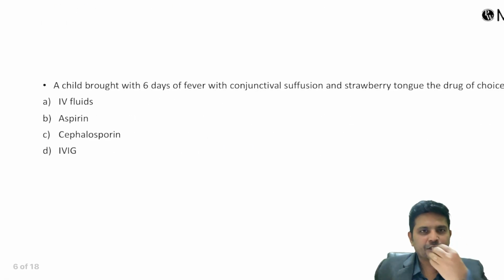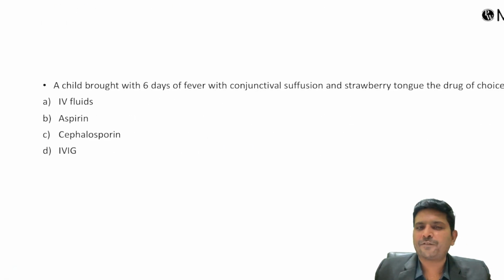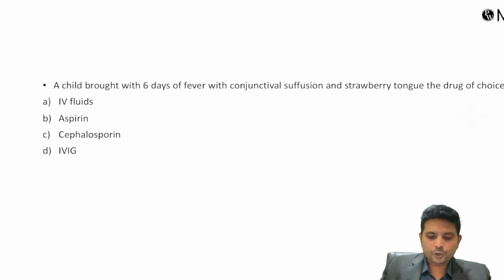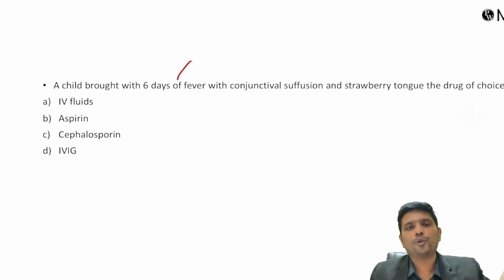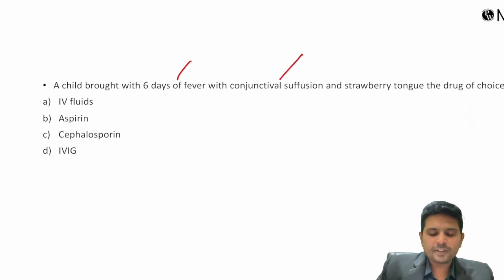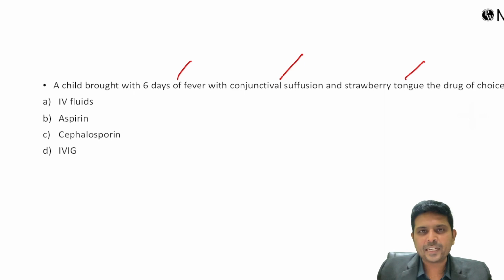Next question. A child brought with 6 days of fever, conjunctival suffusion and strawberry tongue. The drug of choice is IV fluids, aspirin, cephalosporin or IVIG. This case is dealing with a fever lasting for more than 5 days along with conjunctival suffusion and strawberry tongue. That means we are dealing with a case of Kawasaki disease.